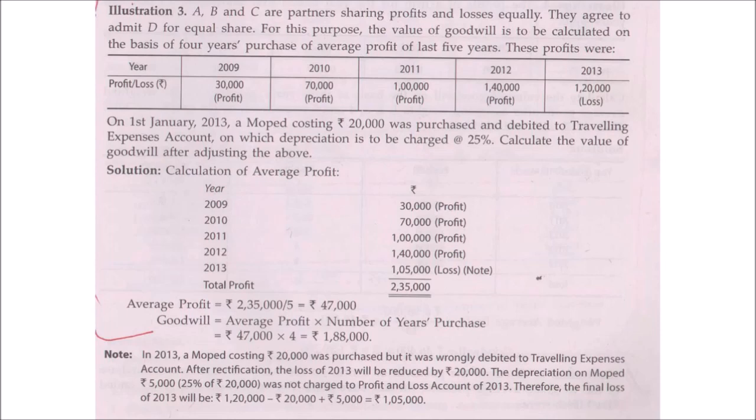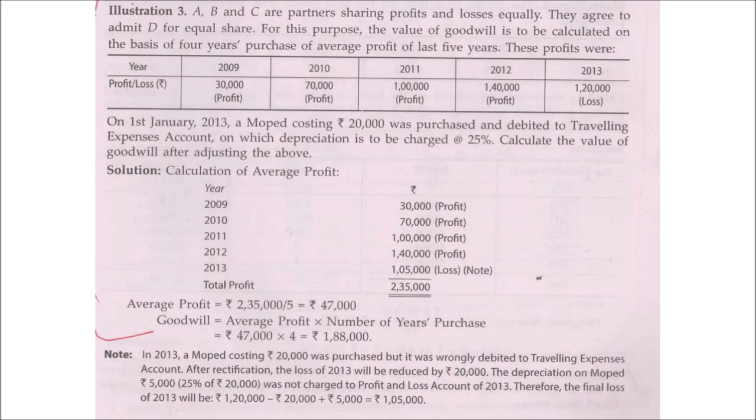Next part of the question. On 1st January 2013, a moped costing rupees 20,000 was purchased and debited to traveling expense account, on which depreciation is to be charged at the rate of 25%. Calculate the value of goodwill after adjusting the above.